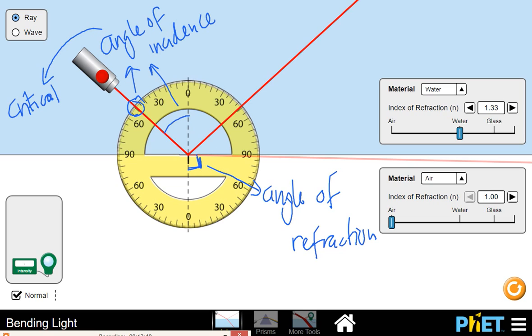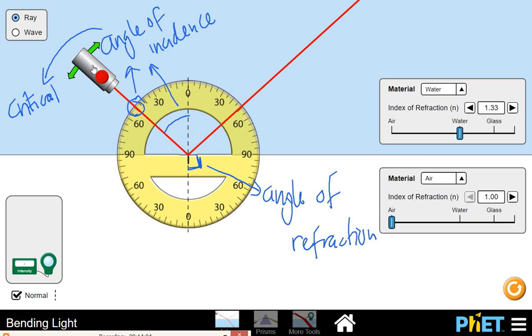Because at this point something remarkable happens, and I will show you what happened. Now if I increase this critical angle, as you can see the refracted ray is gone. All we have is this reflected ray inside the water.